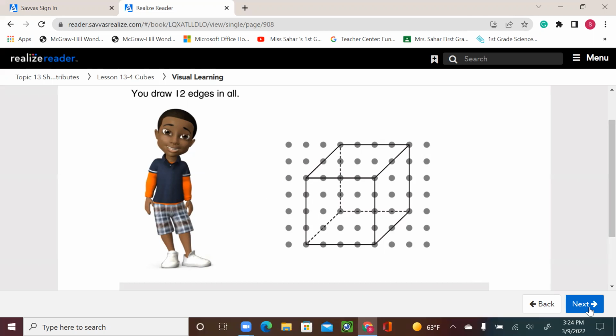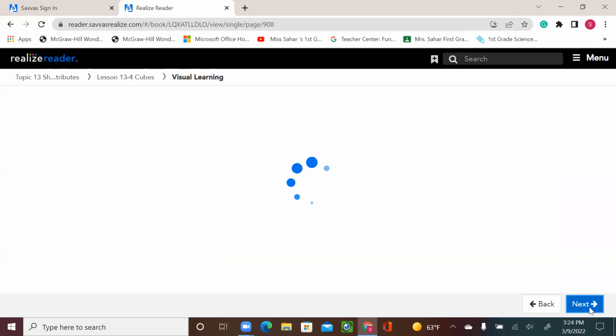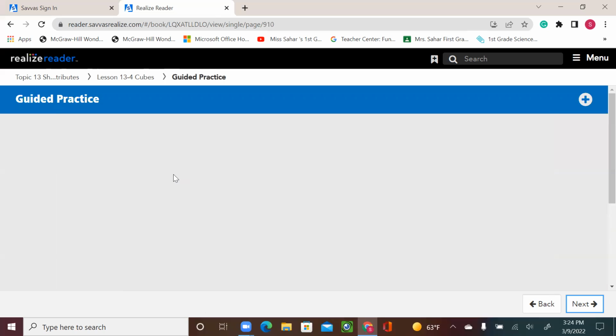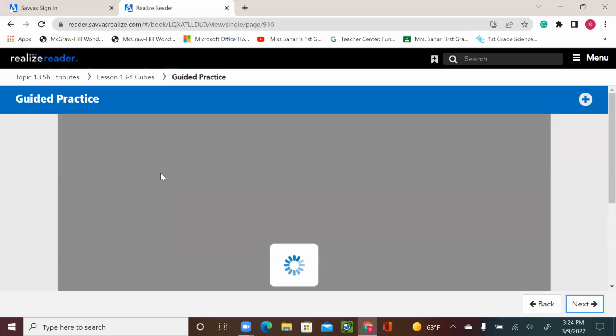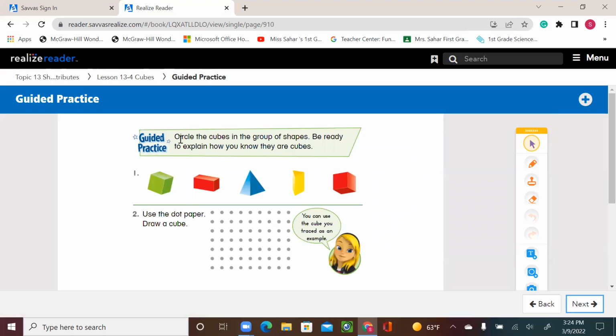All right. Let's go to our guided practice, page 574, and see the fun activity that we have. Circle the cubes in the group of shapes. Be ready to explain how you know they are cubes. So remember, we know cubes have 6 equal squares or 6 equal faces.